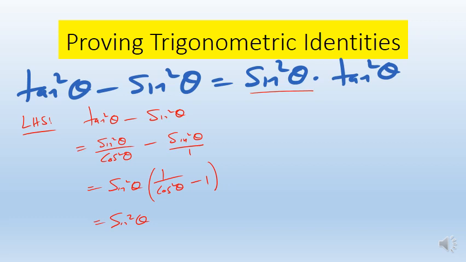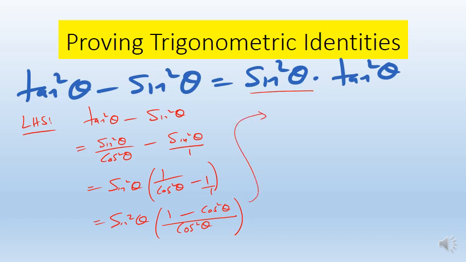In fact, if you wanted to, you can even take a common denominator there. There's an easier way, but if you take a common denominator with what happens in the brackets, you have 1 over 1, so 1 goes there. You get cos squared, so you have 1 minus cos squared theta over cos squared theta. And you're thinking, my goodness, what is this? It looks so much more complicated.